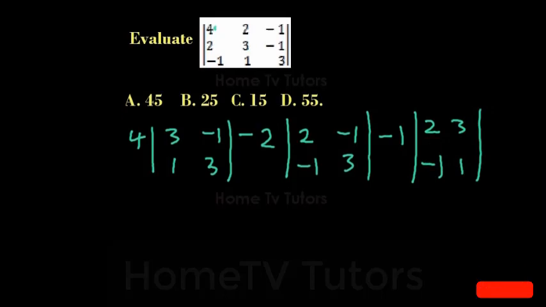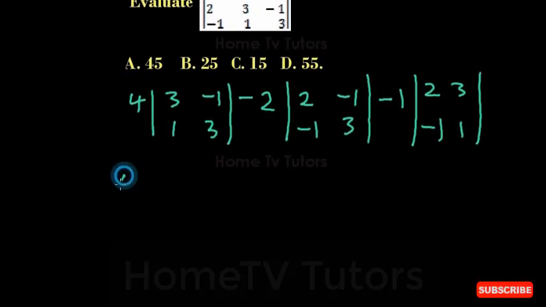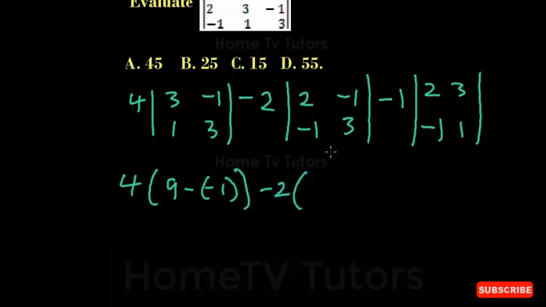So now we find the determinant. We have 4 bracket 3 times 3 minus 1 minus 1. So we have 3 times 3, 9, minus bracket 1 bracket minus 2 bracket 2 times 3, that's 6, minus times minus, that's plus, so we have 1.